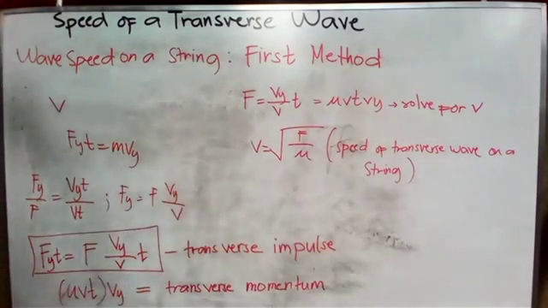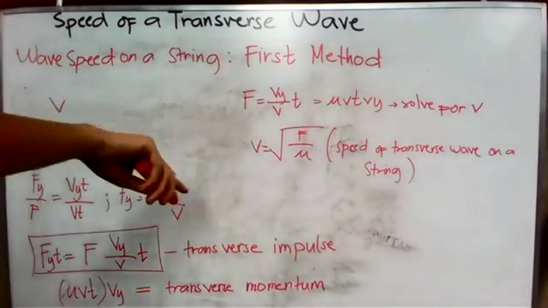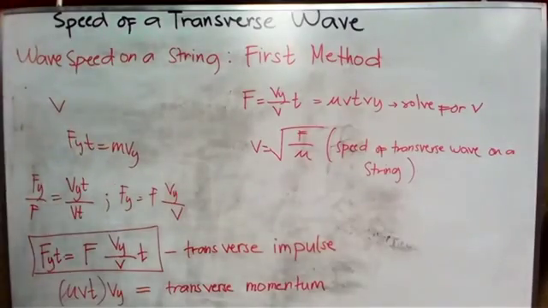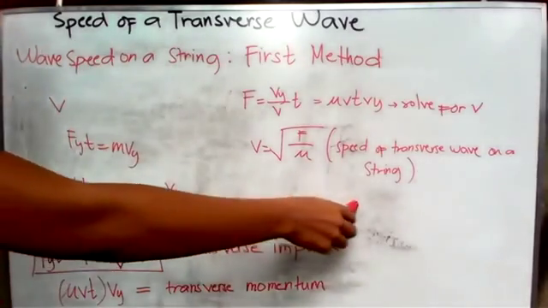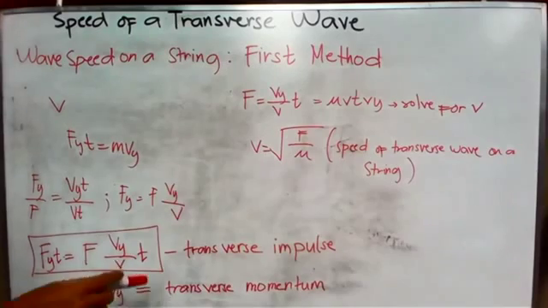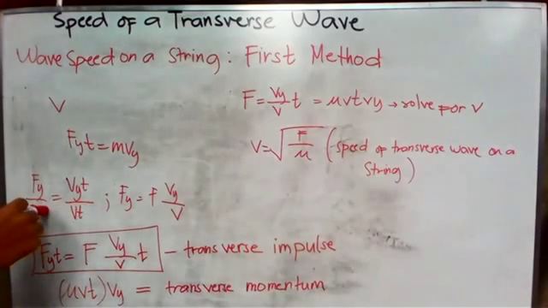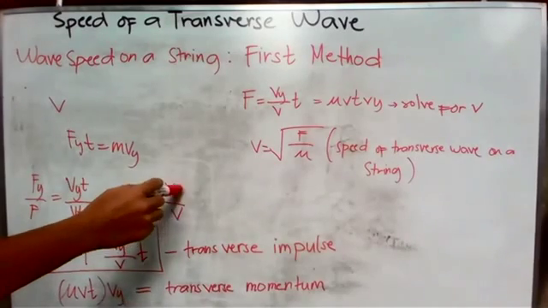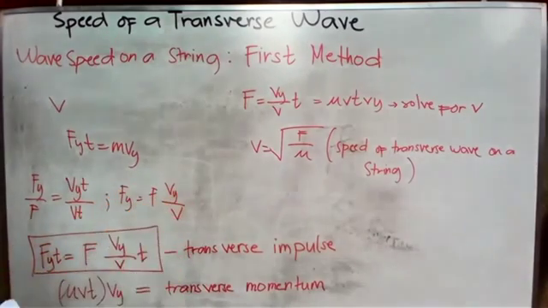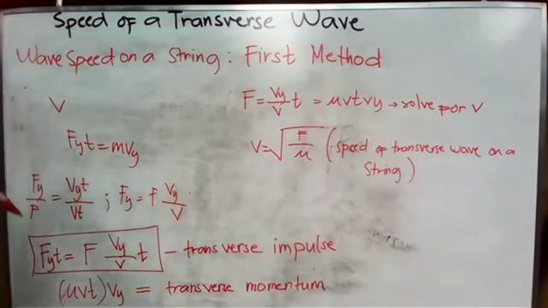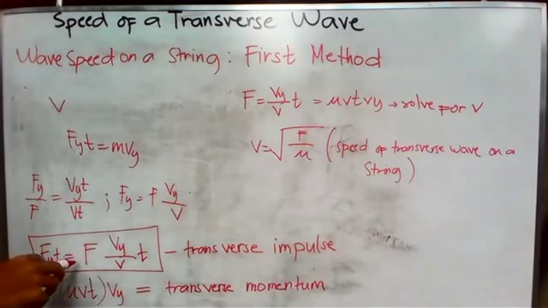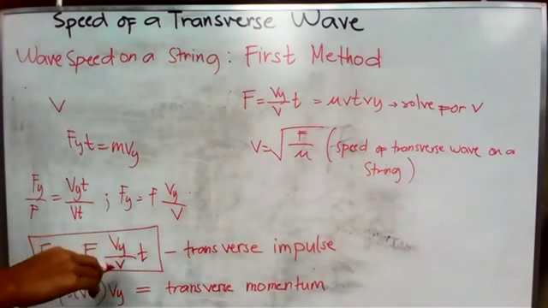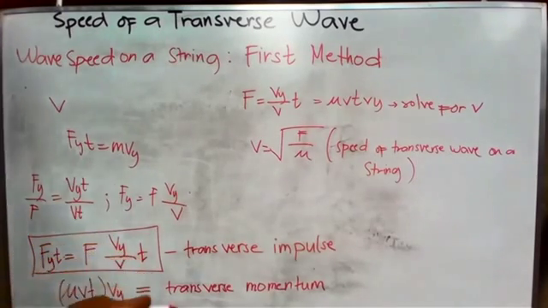This is the relationship between the two right triangles at the vertex point P. So Fy, the force along y, is equal to F Vy over v. And our transverse impulse Fyt is equal to F Vy over v times time.